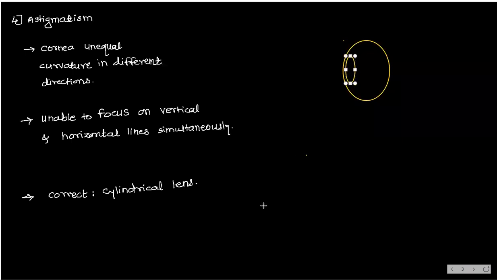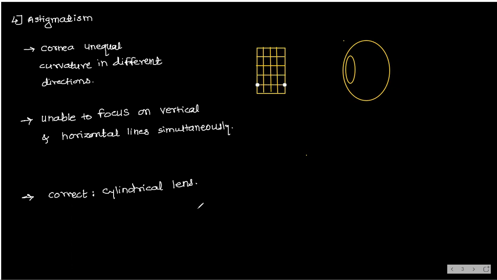And suppose now there is an object which consists of several horizontal and vertical lines, like this. You can see I'm showing here, vertical, and these are horizontal lines, like a table, a chart.